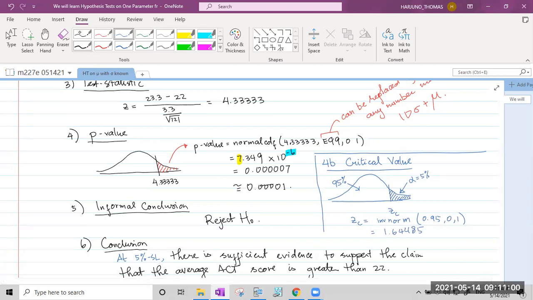If the test statistic falls in the tail region, this 4.3 something, right? If this is the test statistic, then we reject the null hypothesis. Now in the past, I didn't teach both p-value and critical value in the same lecture. A long time ago, when we used a regular calculator, not the TI-84, I told students to just use the critical value method.